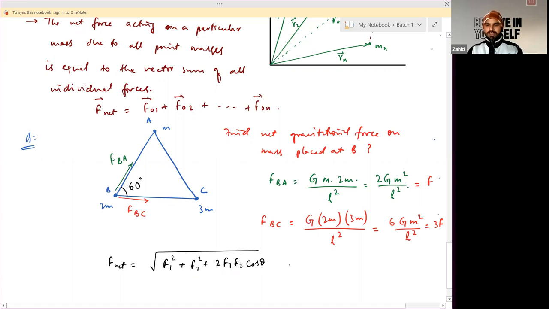Put the value of each term and simplify it. Try to solve.